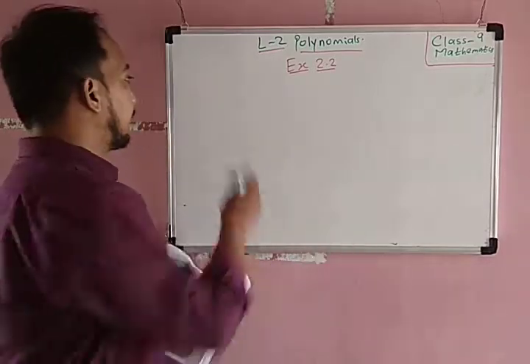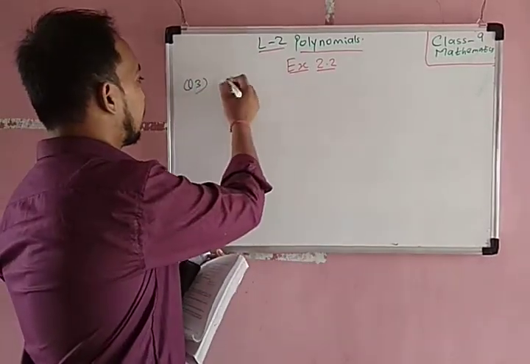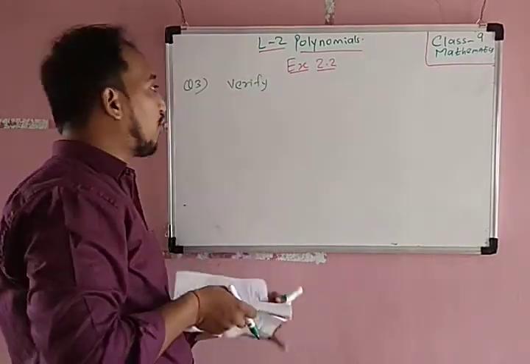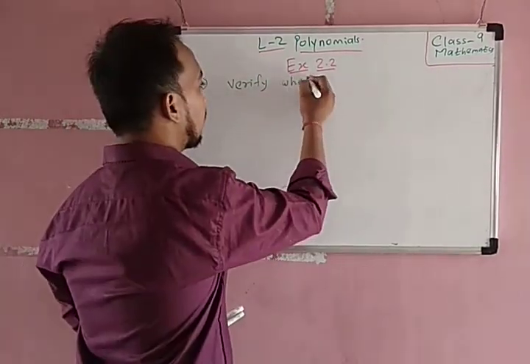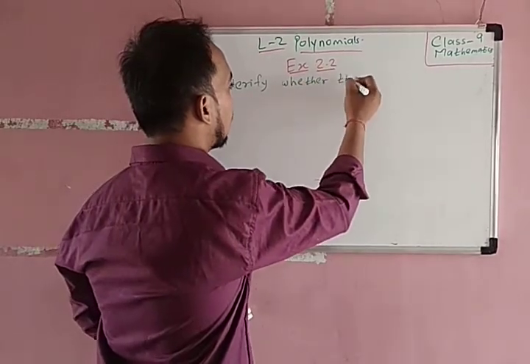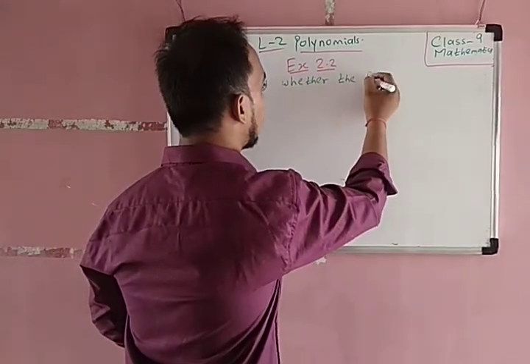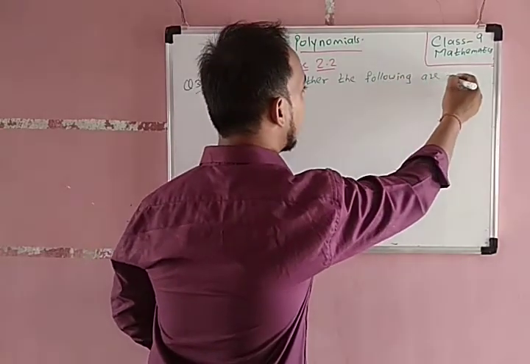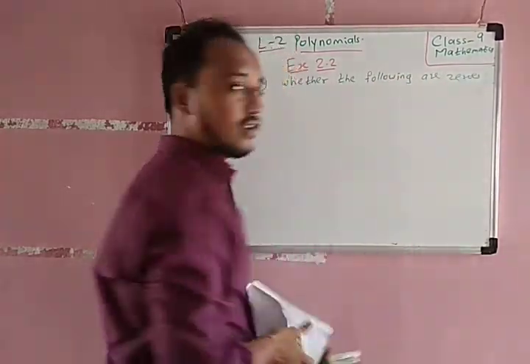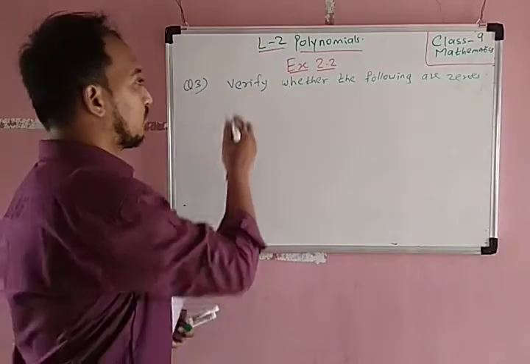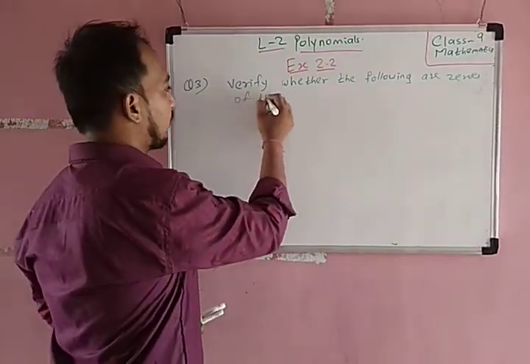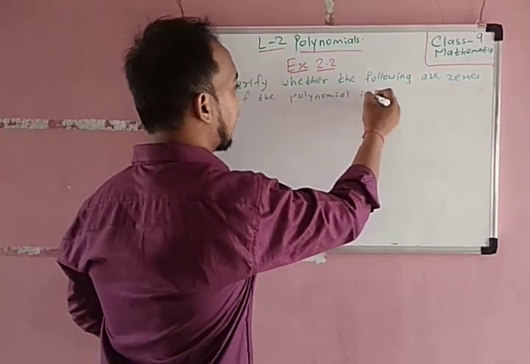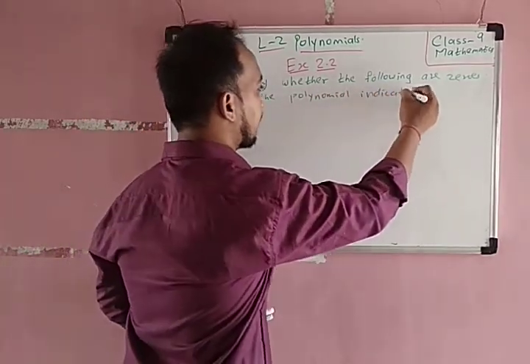Question third, verify whether the following are zeros of the polynomial indicated against them.